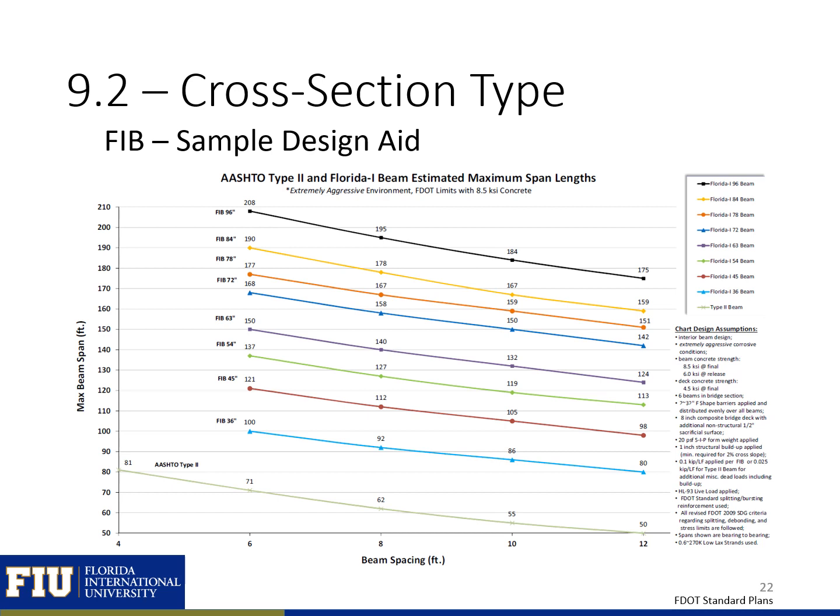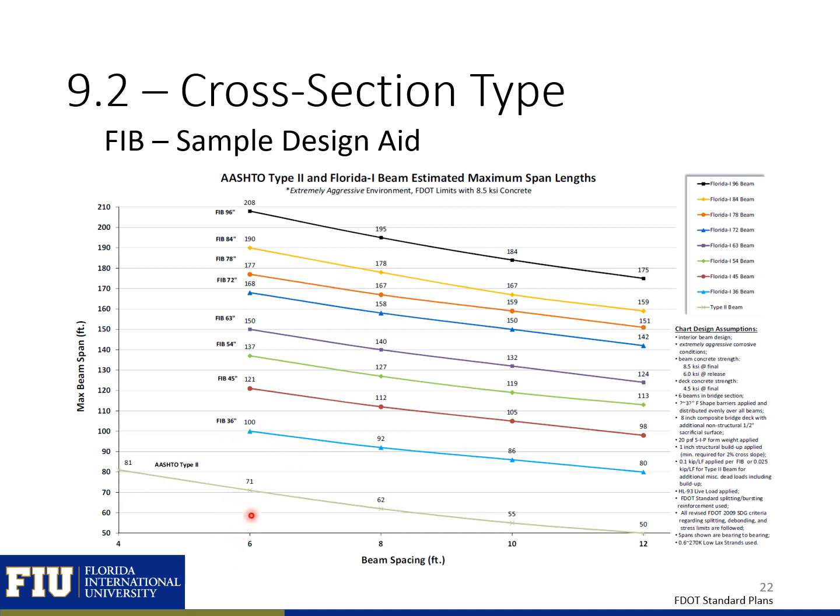Different states will also have additional design aids. So FDOT also has a design aid to help you choose your initial section based on your beam spacing and your maximum beam span. Here you can see if we had a 100-foot span and a 6-foot beam spacing, then we could use an FIB 36 for our design.